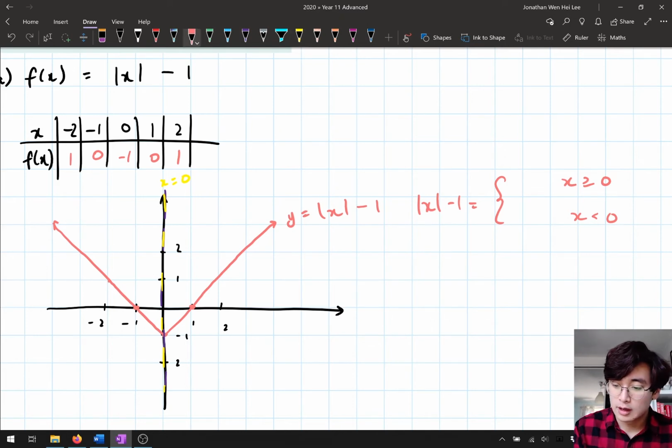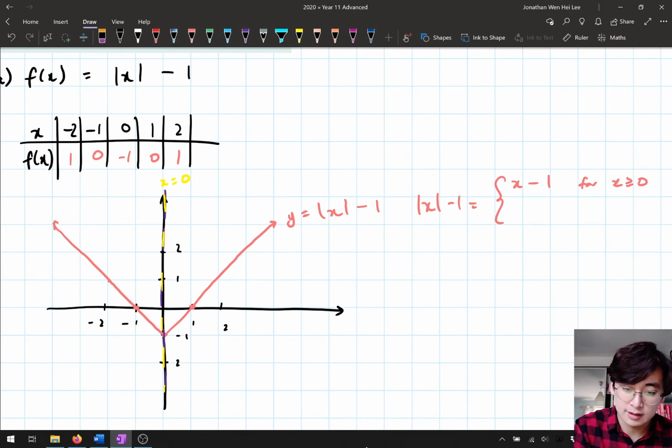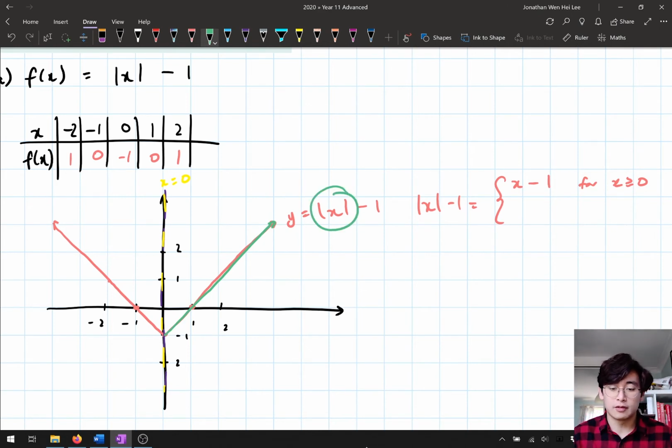So here this is just x minus 1, for x is greater than or equal to 0. So that's this side of my absolute value function. That's because my absolute value is just taking the absolute value of the x, not the absolute value of that -1. So that -1 is not going to change.